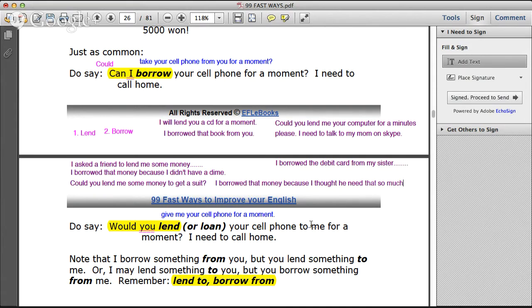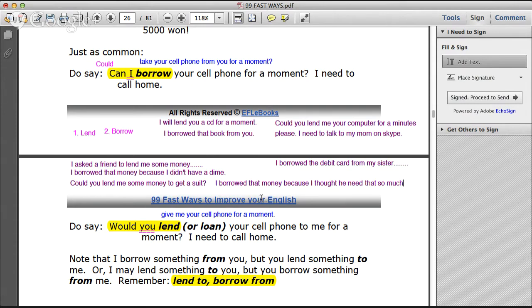Okay, so what are you saying? Are you saying you took the money from him because he needed the suit so much? Maybe yes.